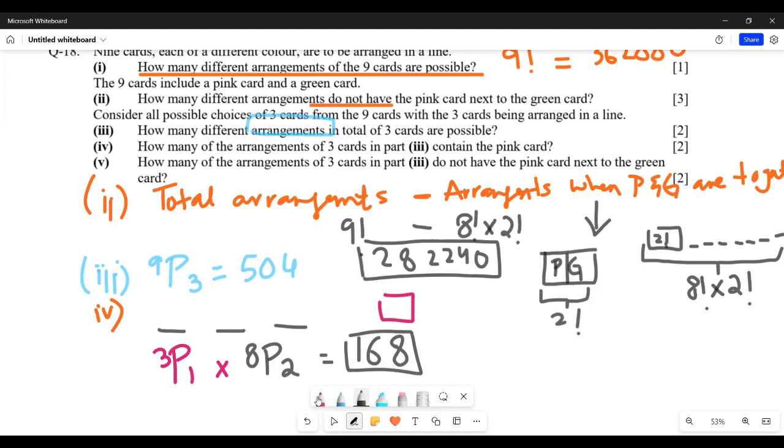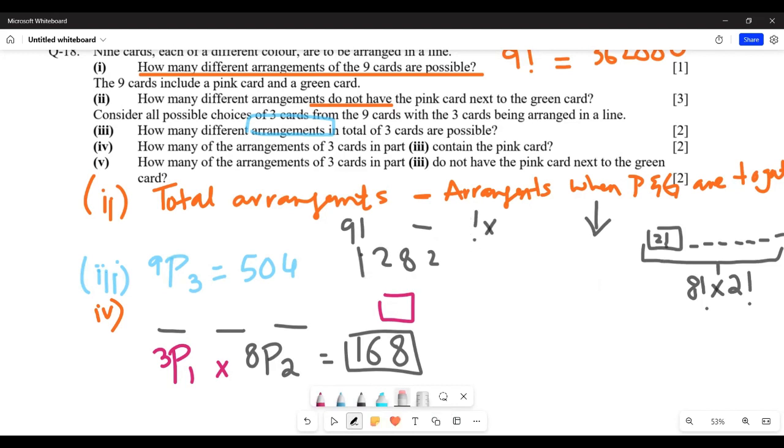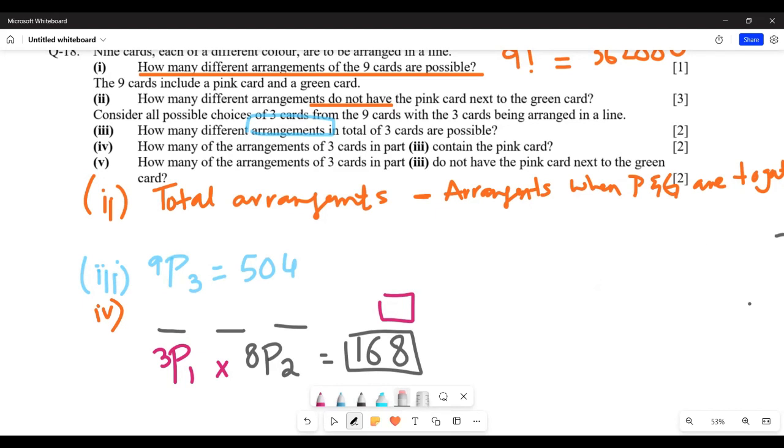Okay. Next is, how many of the arrangements of 3 cards in part 3 do not have pink card next to the green card?